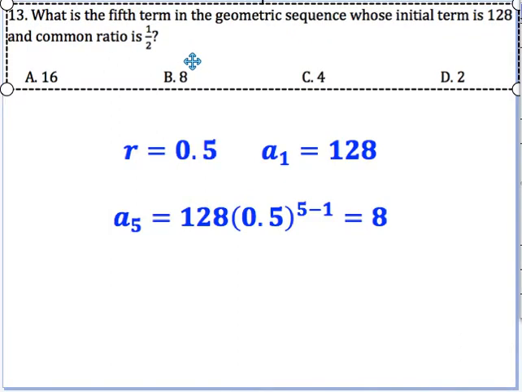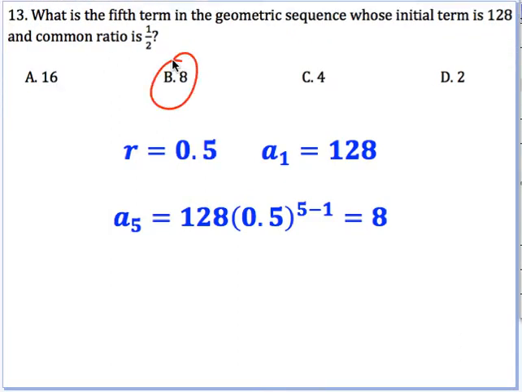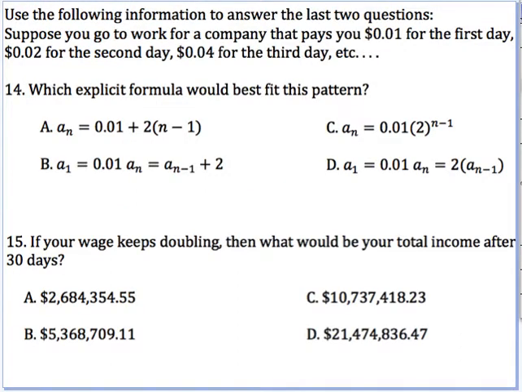Whoops, forgot that I did not have the pen. There we go. Easy. Use the following information to answer the last two questions. Suppose you go to work for a company that pays you 1 cent for the first day, 2 cents for the second day, 4 cents for the third day, etc. Which explicit formula would best fit this pattern? All right, so you're doubling, your rate is 2 because you're doubling your pay each day.